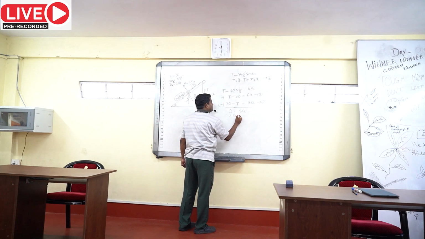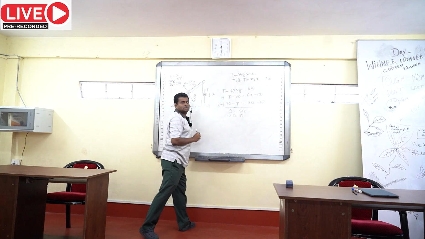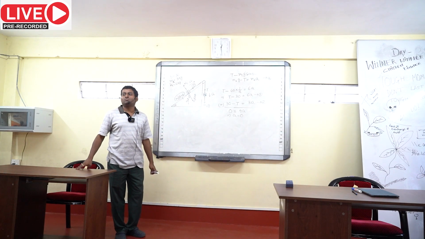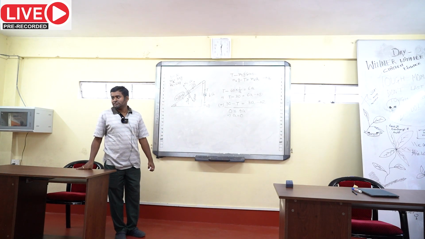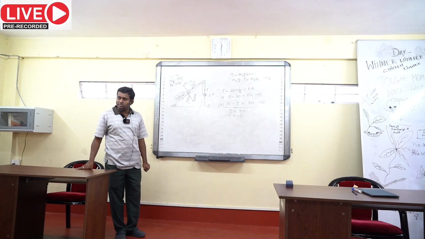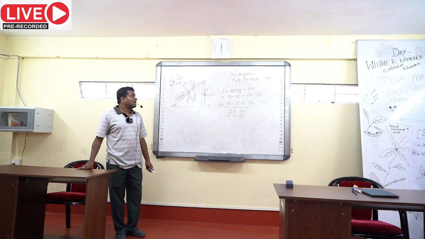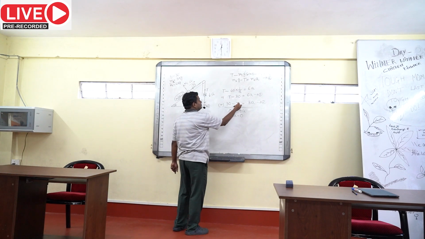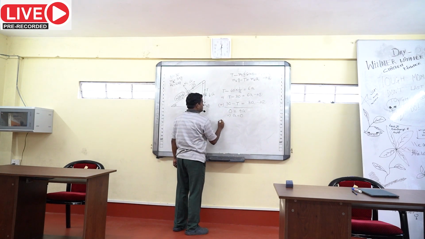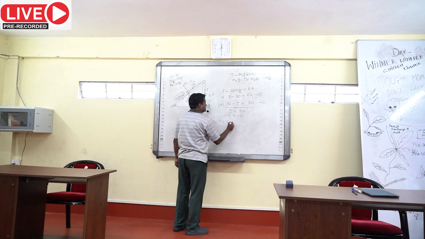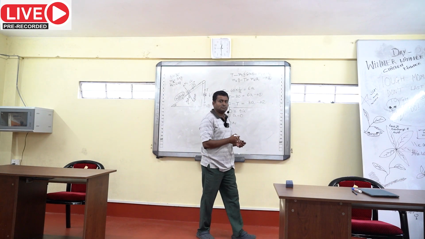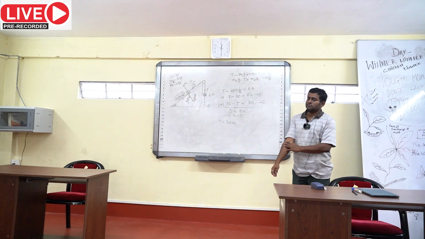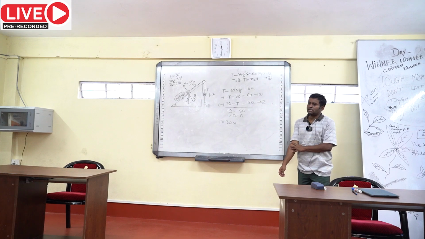So a will become 0, which means the masses will not move in either direction. Acceleration will become 0. And now put the value of acceleration in any of the equations. Suppose in equation 2 I put it, then we get T equal to 30 Newton. T will be equal to 30 Newton, and acceleration 0.